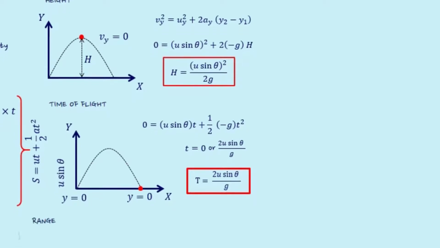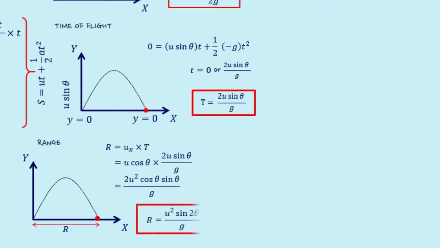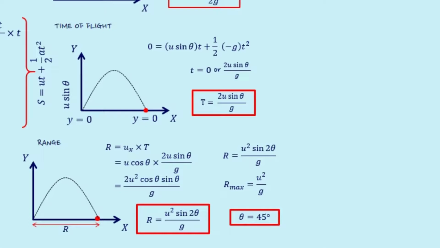Range is defined as the maximum distance a projectile can reach from its point of projection. If we multiply the time of flight and the horizontal component of velocity, we can get the expression for range. From simple mathematical tricks, we can see that for a fixed initial velocity of projection, range becomes maximum when the angle of projection is 45 degrees.